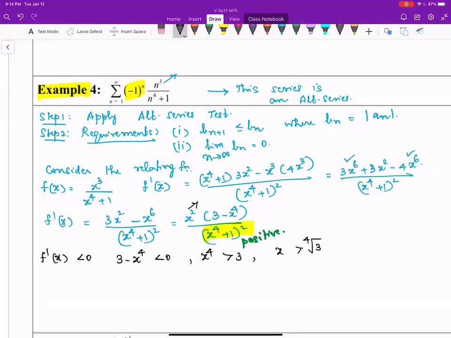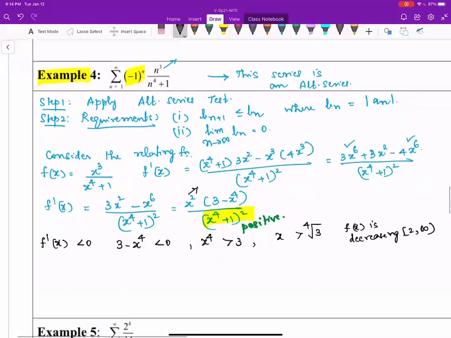The fourth root of 3 is approximately 1.3. So whenever x exceeds 1.3, the function is decreasing. Or we can say f of x is decreasing on the interval 2 through infinity. It's enough if it is eventually decreasing, right?